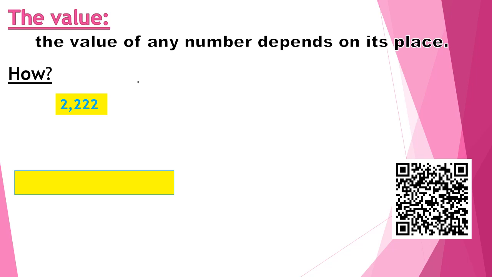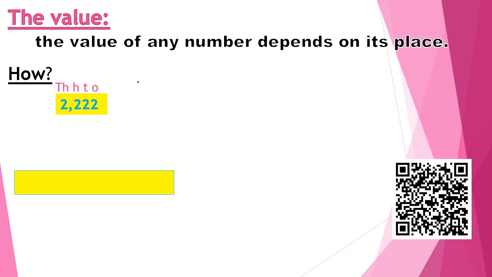We start from the right and count 1, 2, 3 and put comma. Now let's read from the left. 2,222.